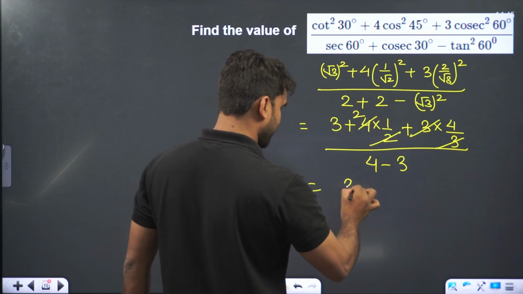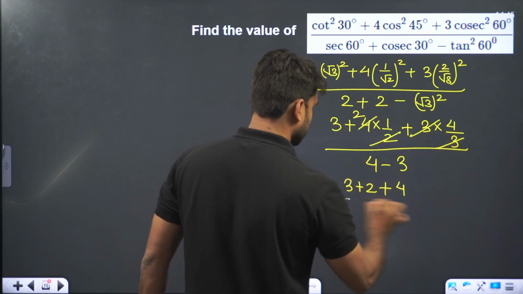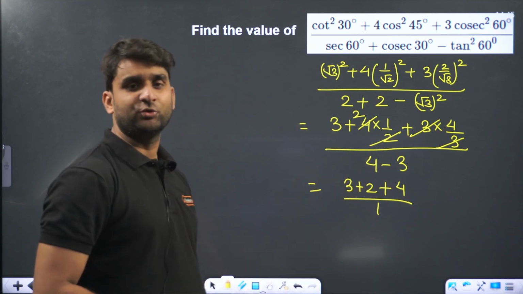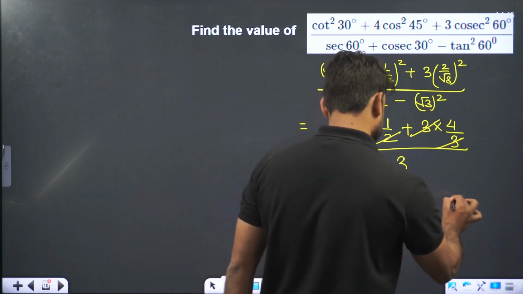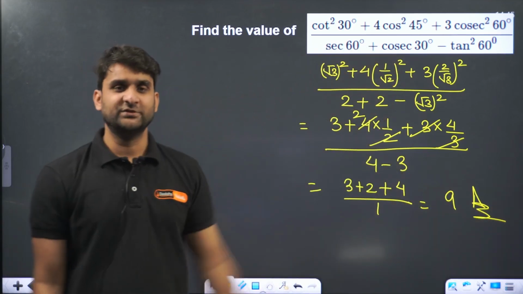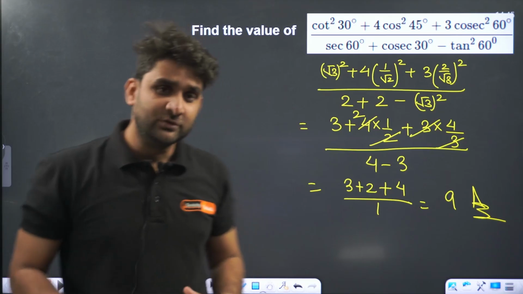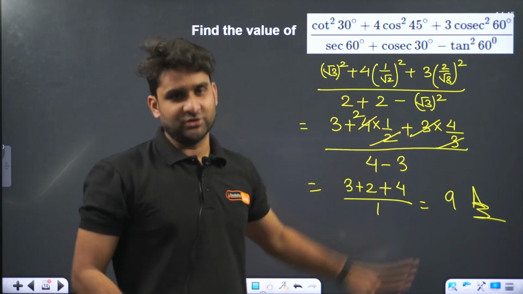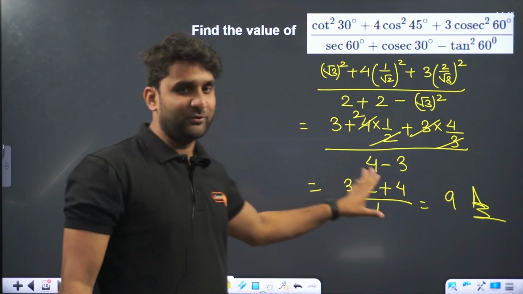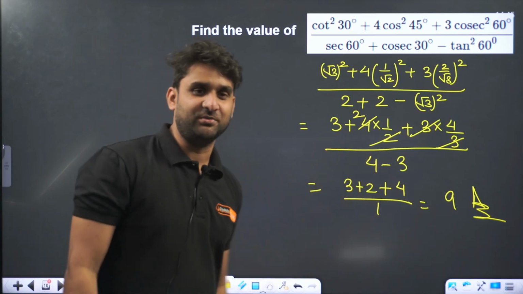So we have 3 plus 2 plus, here is 4, and this is 4 minus 3 will be 1. Now 4 plus 3, 7 plus 2, 9. So 9 is the answer. Nothing is special. If you know the values, mathematical calculation is there. Only thing is mathematical calculation, and you have to do it on your own. No one is going to help you in these calculations, multiplication, addition, subtraction and all.